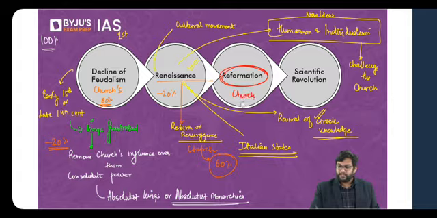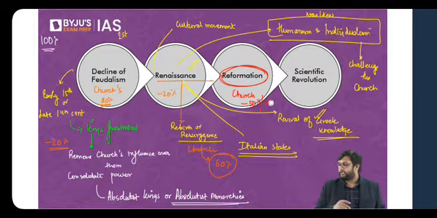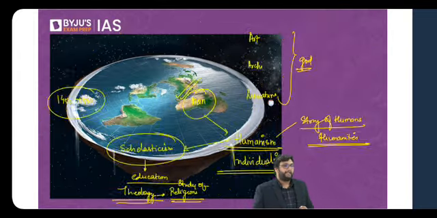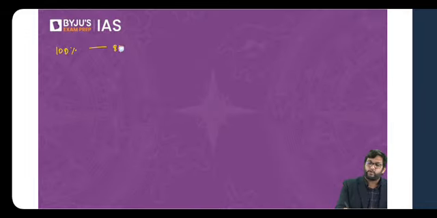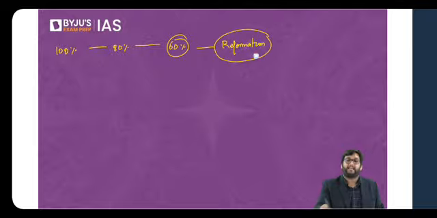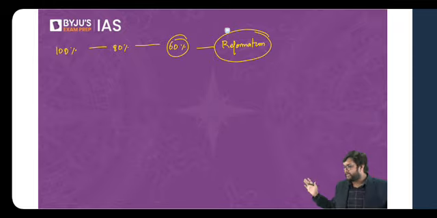Here, close to 40 to 50% of the church's authority goes away. If you remember, I started the story like this: we had 100% control under feudalism, we came to 80% because of the decline of feudalism, we came to 60% because of the Renaissance. It is the Reformation which was the biggest blow to Christianity, because it split Christianity into two.